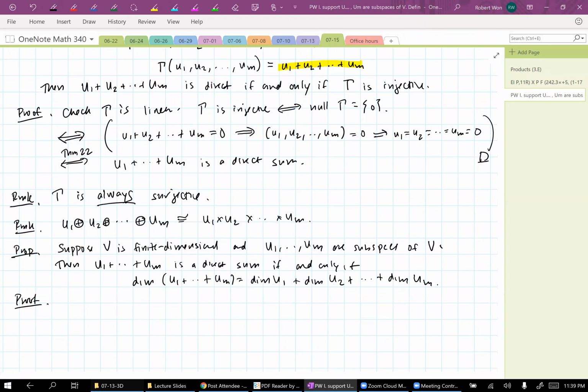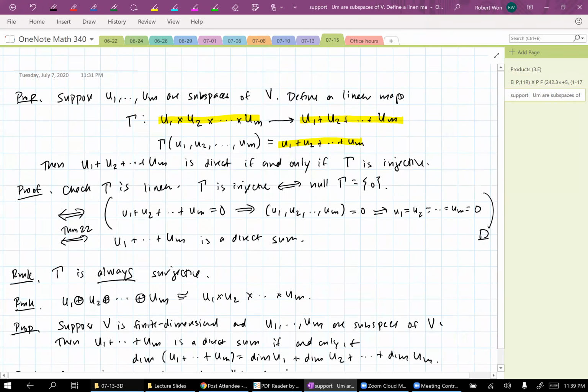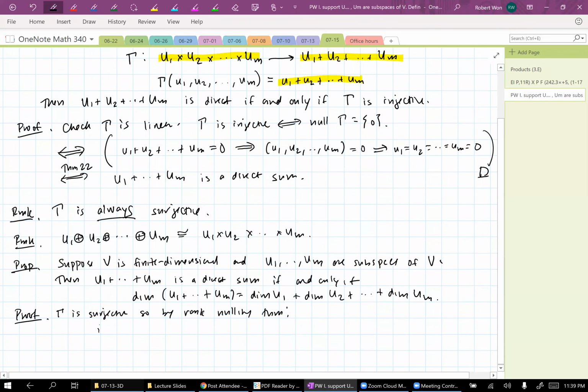Okay, so the proof is, well, we said that gamma is surjective. So by the rank-nullity theorem, what does the rank-nullity theorem say? It says that the dimension of the domain is equal to the dimension of the range plus the dimension of the null space. So the dimension of U1 cross Um equals the dimension of the range.